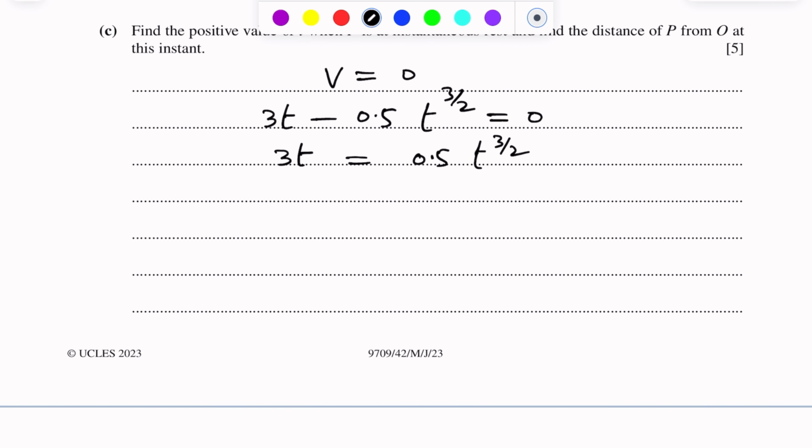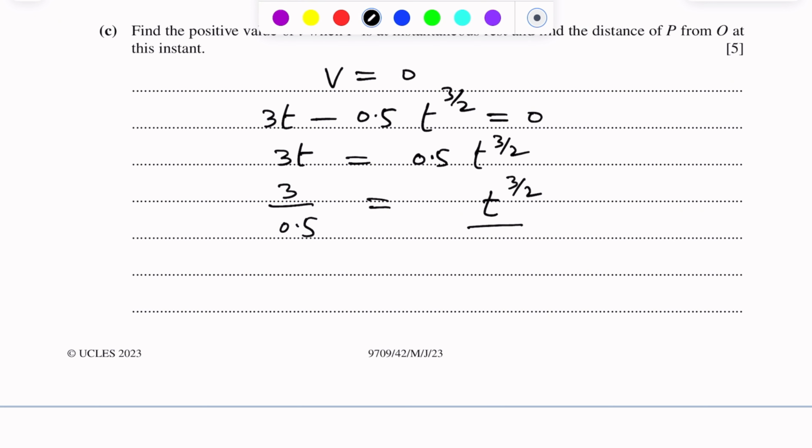Now by cross multiplying, 0.5 comes on the left side in the denominator: 3 over 0.5 is equal to the right side t power 3 over 2, and this t by cross multiplying will come down in the denominator.